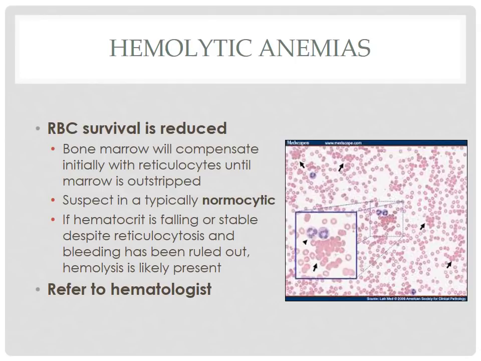However, you could have macrocytosis if you have reticulocytes or spherocytes in hemolytic anemia, and this will depend on the severity of the anemia. If you continue to have a falling hematocrit and the reticulocytes are stable and you do not have a source of bleeding, then hemolysis is most likely your diagnosis. In the cases of hemolytic anemia, these patients should be managed by a hematologist.